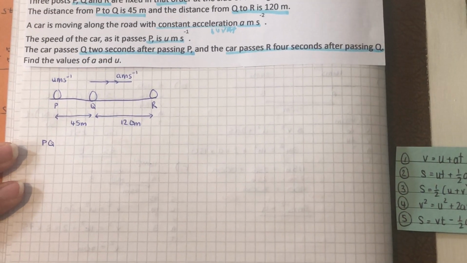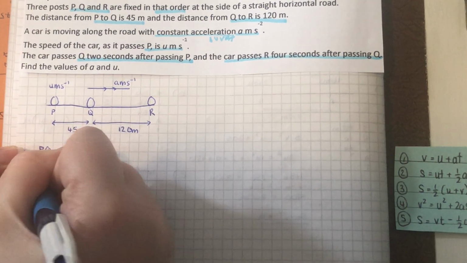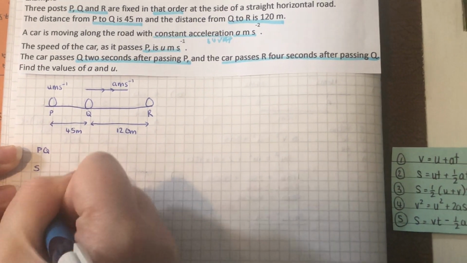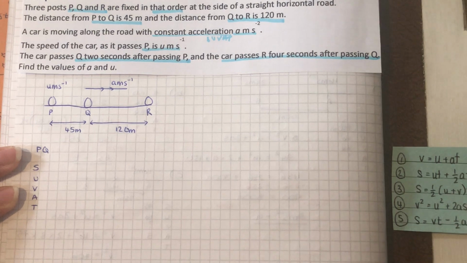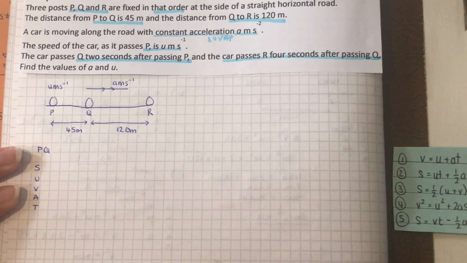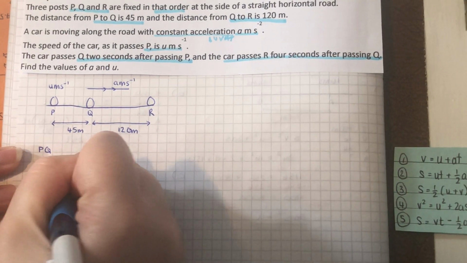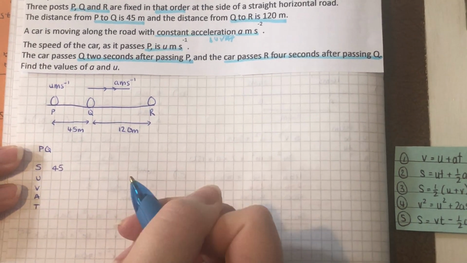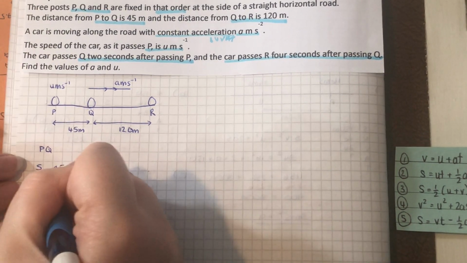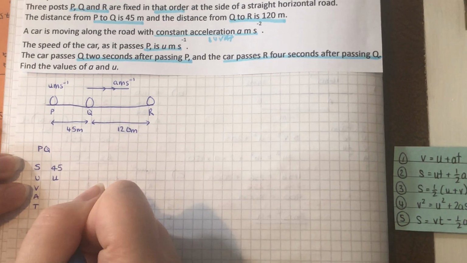So Suvat. Move that bottle, that's irritating. So the distance is 45. The initial speed is U. V we don't know.